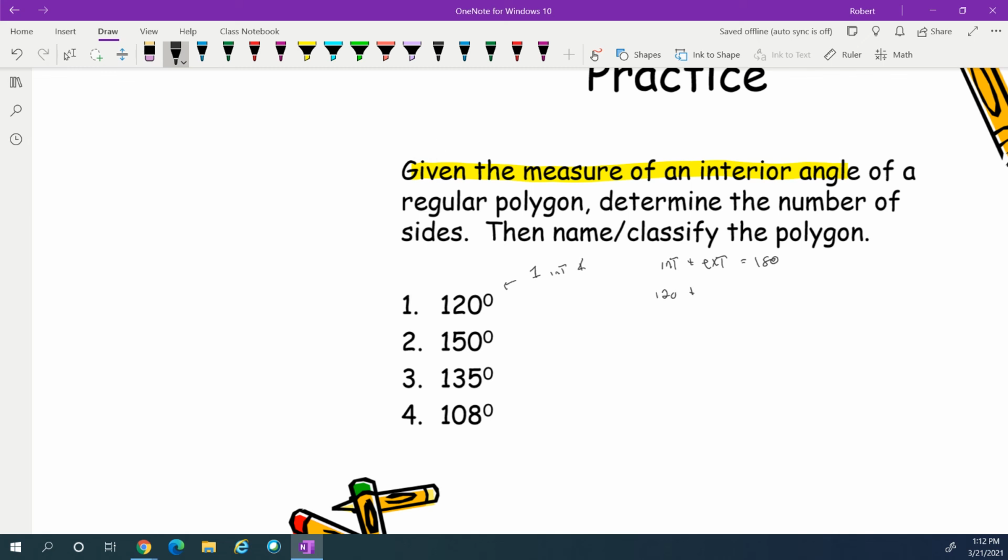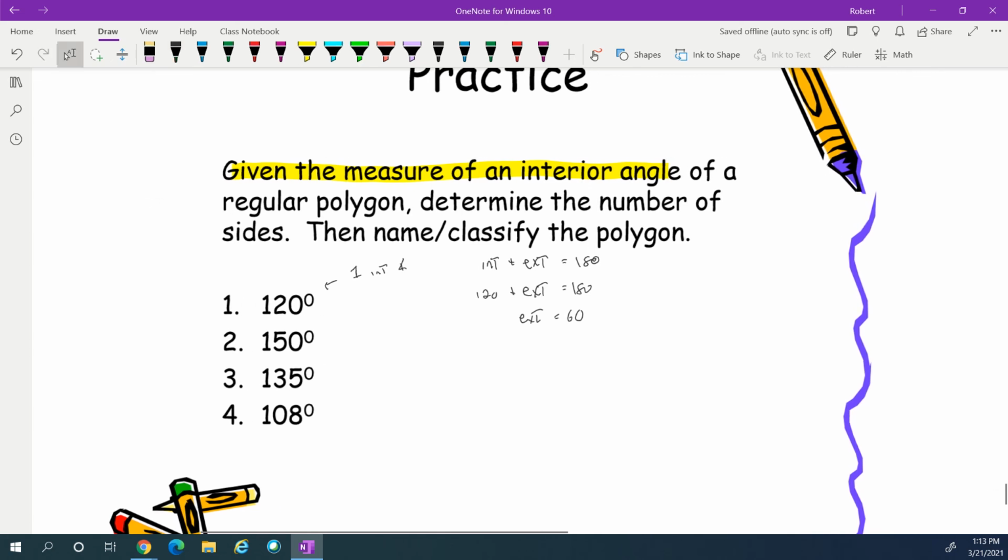So 120 plus the exterior equals 180, and the exterior equals 60. But we know the sum of the exterior equals 360. So 360 divided by 60 tells us that there are 6 exterior angles. That means there's 6 sides. That means this is a hexagon.